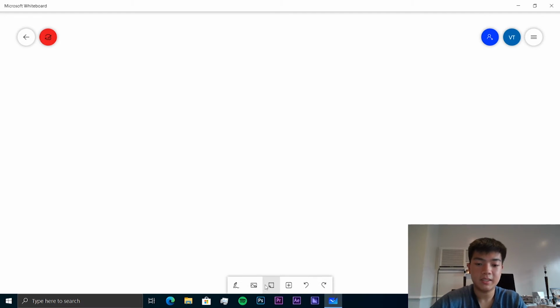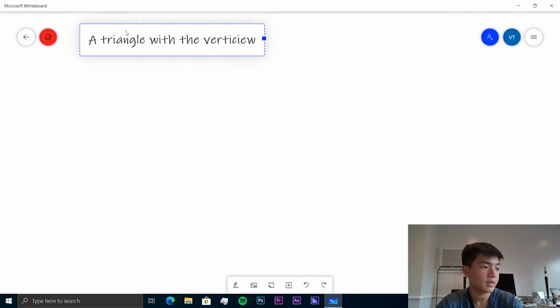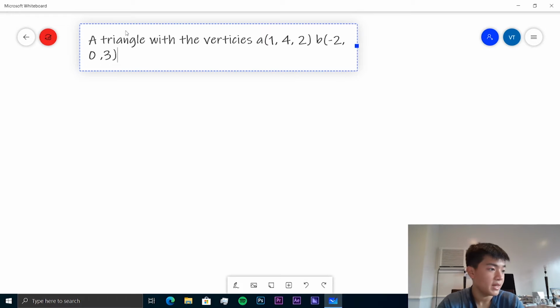And so the next question states that a triangle with the vertices A is equal to 1, 4, 2, B is equal to negative 2, 0, 3, and C is equal to negative 1, 2, 4 is given.